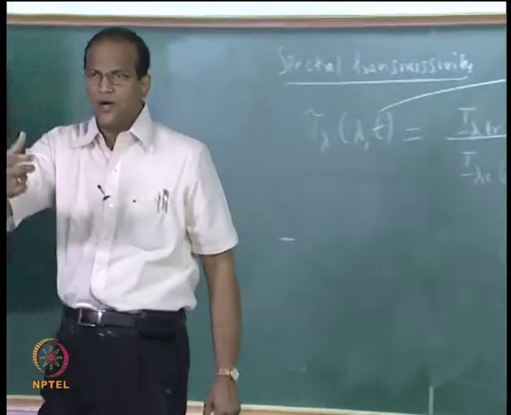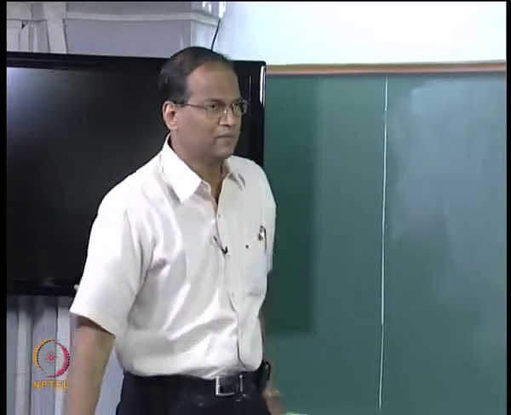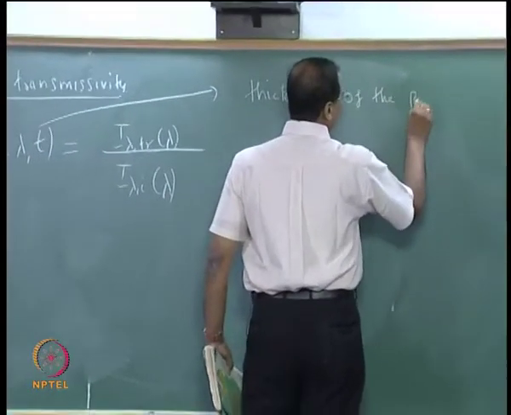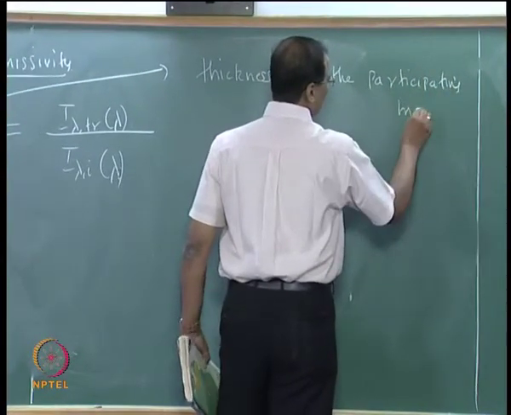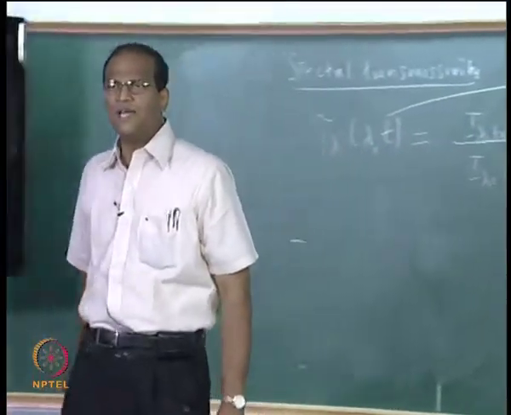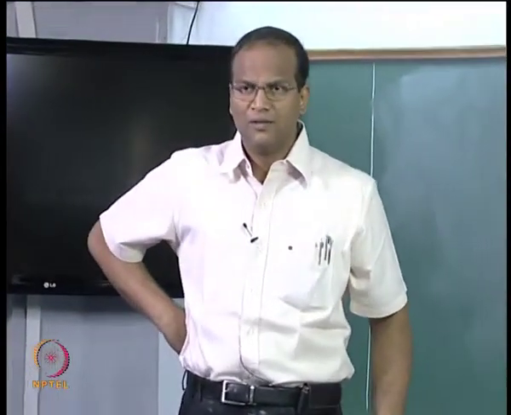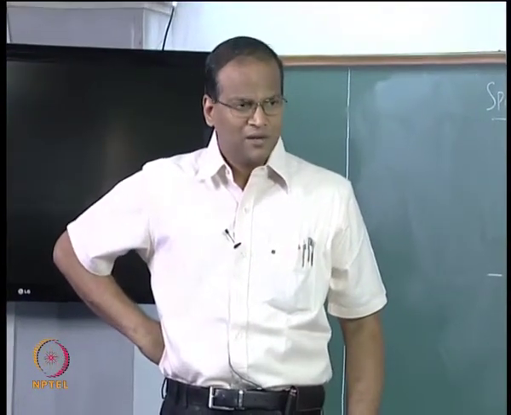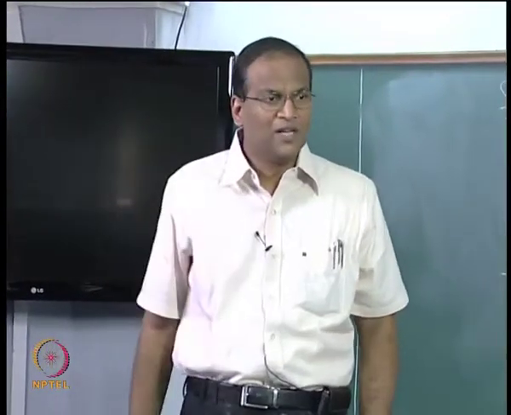A medium which absorbs, which can scatter and which can also transmit is called a participating medium. The basic difference between a participating medium and the surfaces we considered so far is that for a surface, the reflection and absorption were all happening in the first few micrometers. They were all surface phenomena.